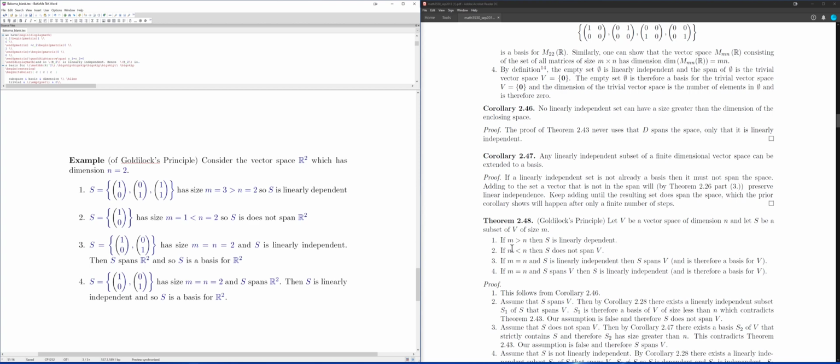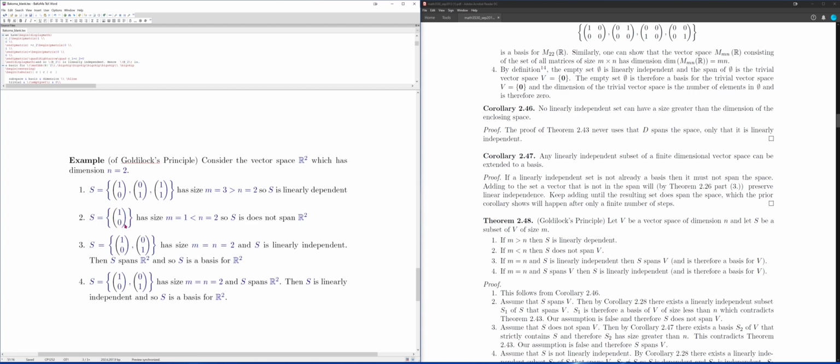Okay, so let's consider now that I have a subset of my vector space, and the size of the subset is less than the dimension. The example I'm using is that the vector space is of dimension 2, and this subset is of size 1. This is a subset of R2.